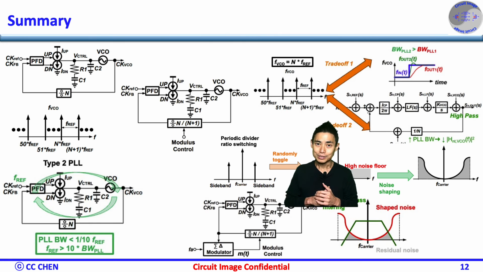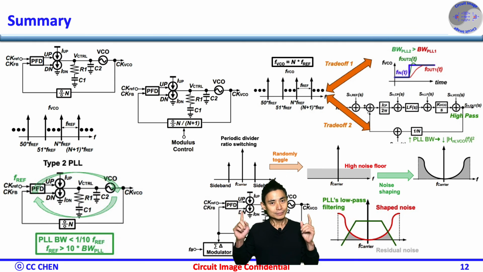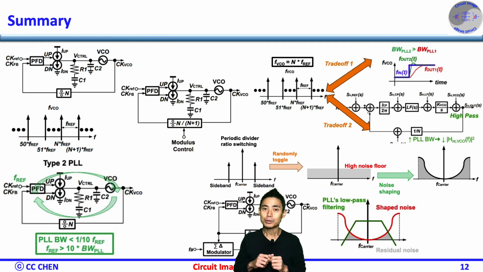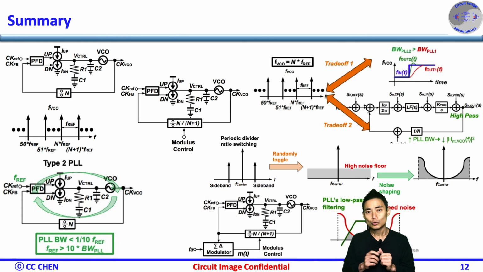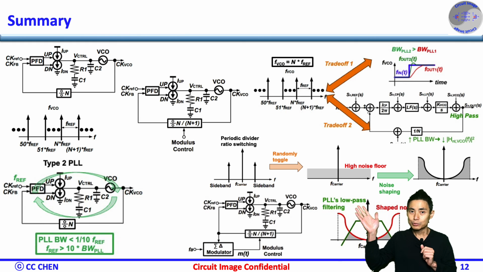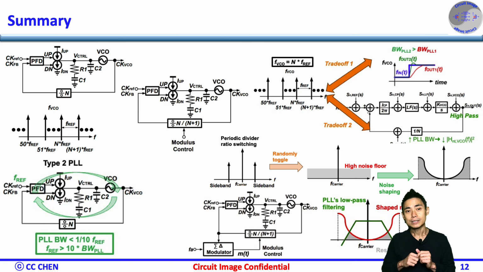Total phase noise would be too high. So the most popular way is to apply a sigma-delta modulator to shape the spectrum of noise and move its energy to high frequencies, and the PLL will filter out the high frequency noise.